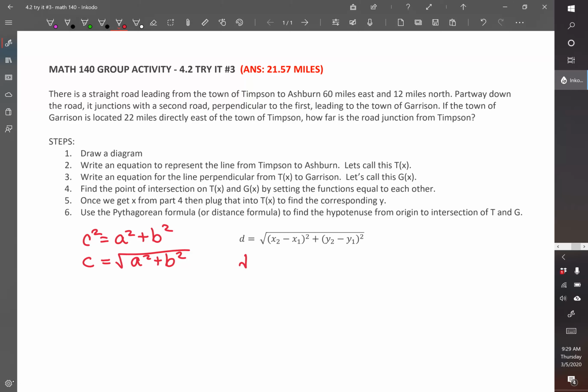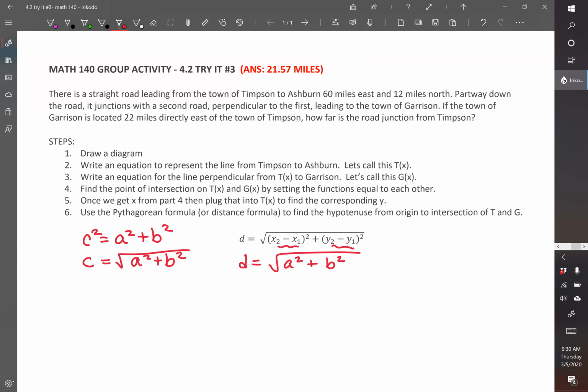So d in this particular problem is what we're trying to find, our hypotenuse. The distance between any 2 points on a linear graph is going to be d. And we have this square root, and the distance between the x values is our a squared. The distance between our y values is our b squared.